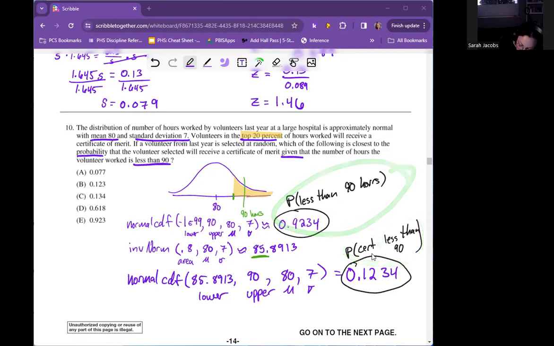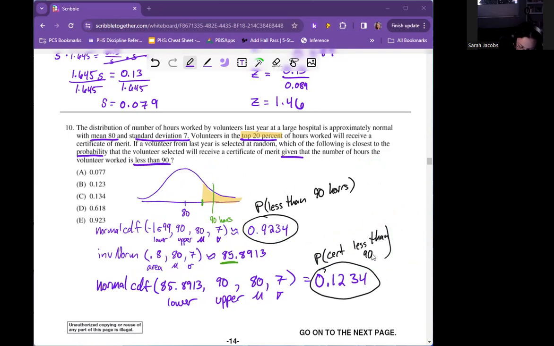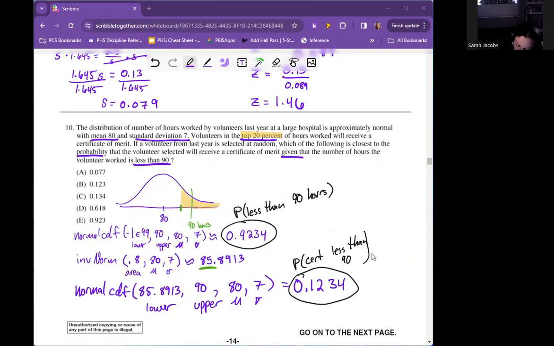So we have one more fraction to set up. And it's going to be this 0.1234 over the total probability of working less than 90 hours.